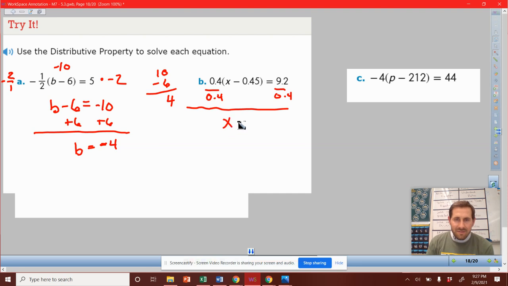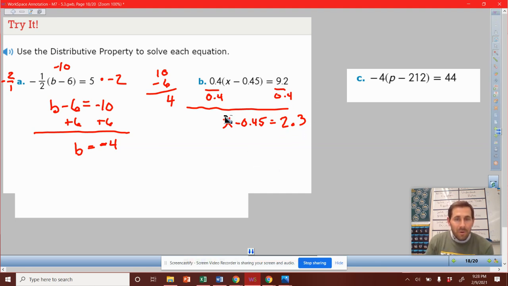I'm going to get x minus 0.45 equals... 92 divided by 4, 23. So it's 2.3. What I did is kind of just dropped the decimals and said 92 divided by 4, but it is 9.2 divided by 0.4. That gets me 2.3.